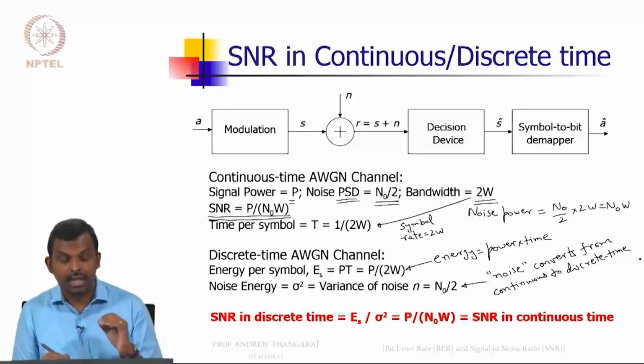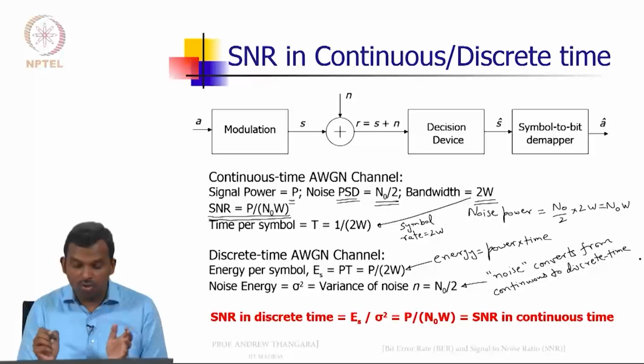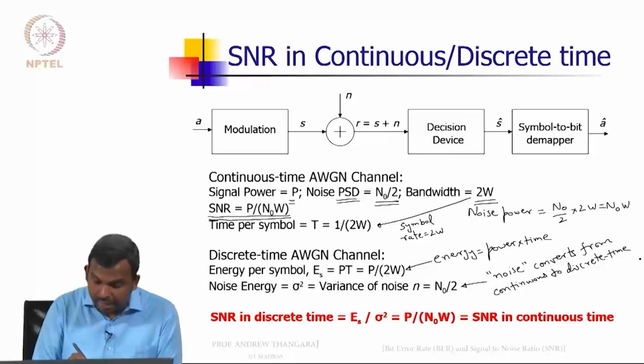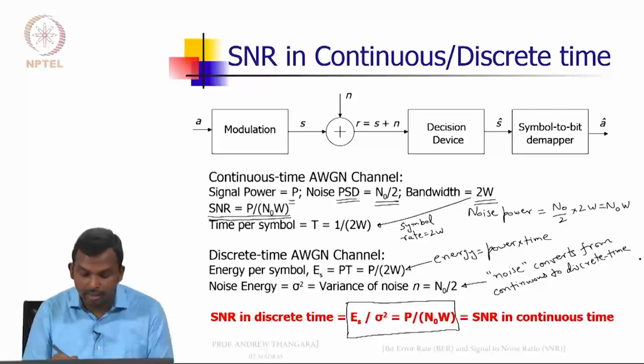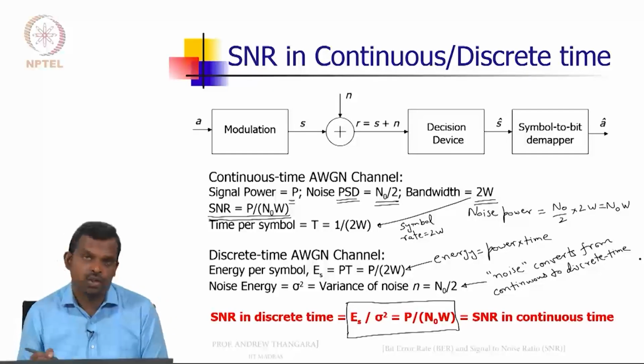So the variance or energy in the noise is sigma squared, and the energy in the symbol is P times T, which is P by 2W. The main moral of the story is, if you take Es by sigma squared in the discrete time domain, that exactly equals P by N naught W in the continuous time domain.